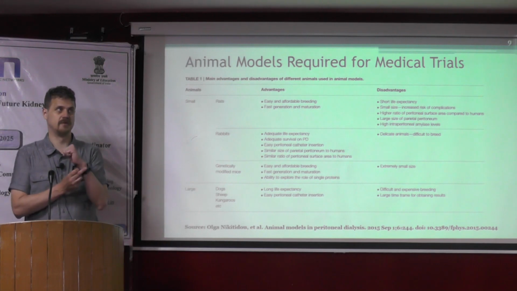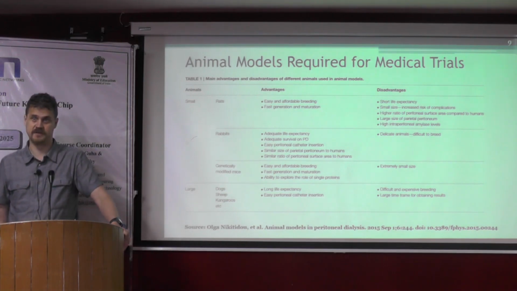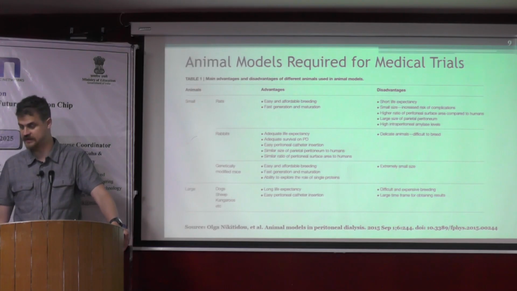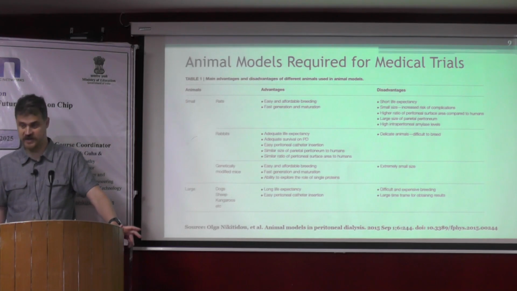Well, just a small retrospective of my work when I was working with wearable artificial kidneys. Since we developed a wearable artificial kidney for peritoneal dialysis, we had to choose an animal whose peritoneal cavity in an anatomic sense would be closer to the peritoneal cavity of the human patient.